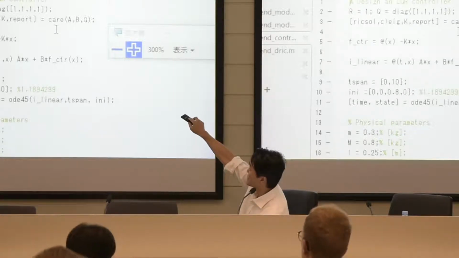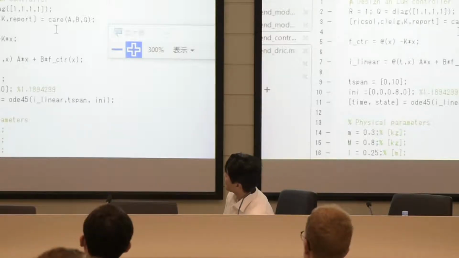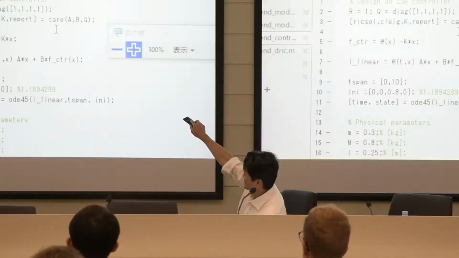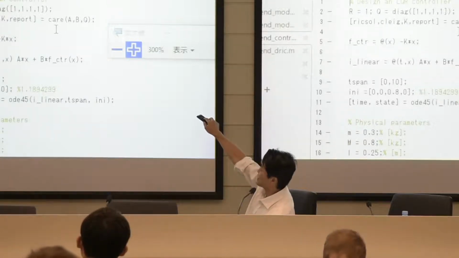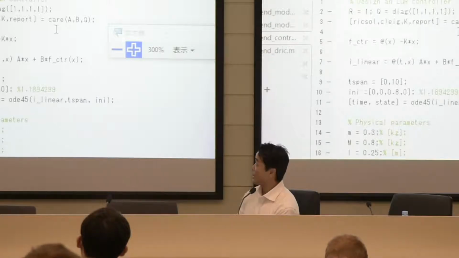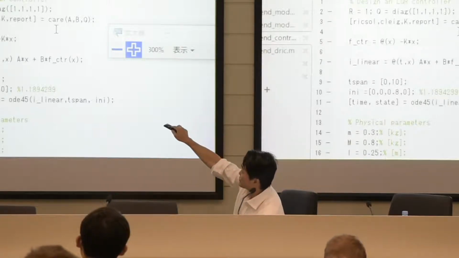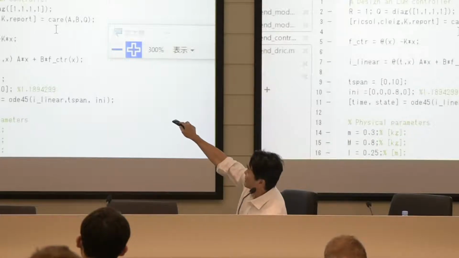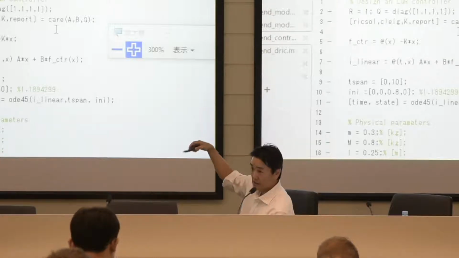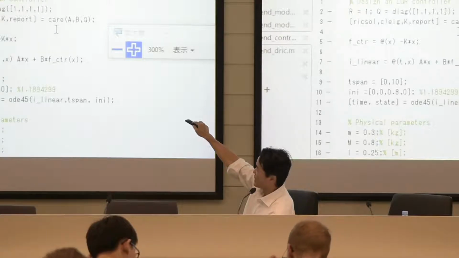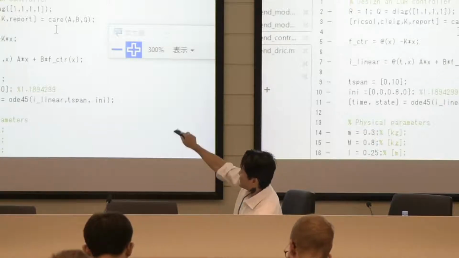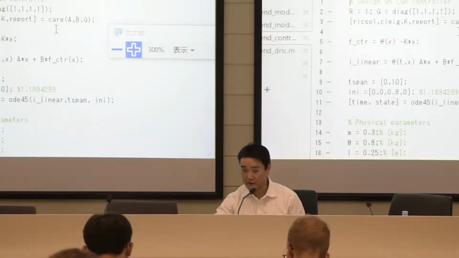I take just a diagonal matrix, and use CARE. C means continuous time algebraic Riccati equation, A B Q. And then MATLAB will compute the solution, and this is a closed loop eigenvalue. This K is the gain matrix, which is actually R inverse times B transpose P. And this report is about the accuracy of the computation.